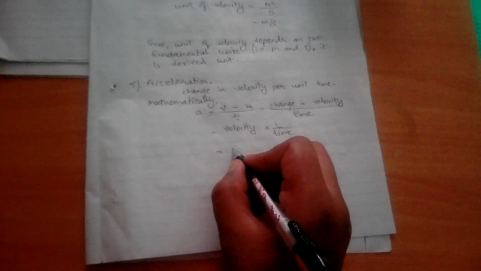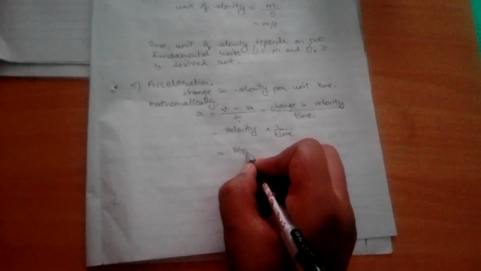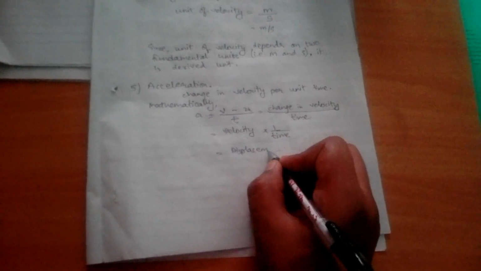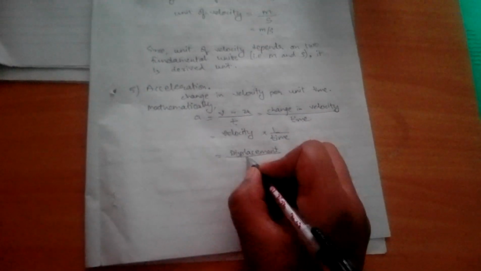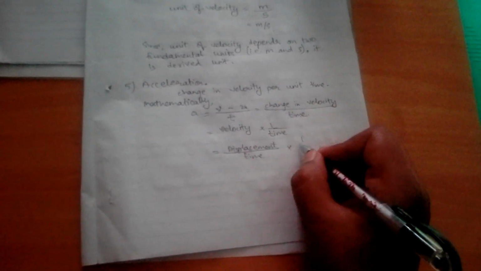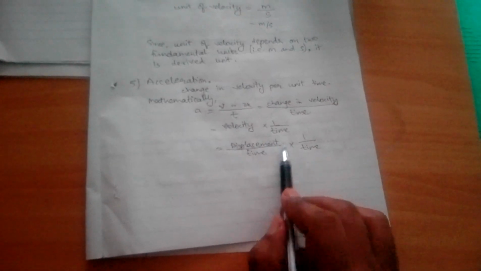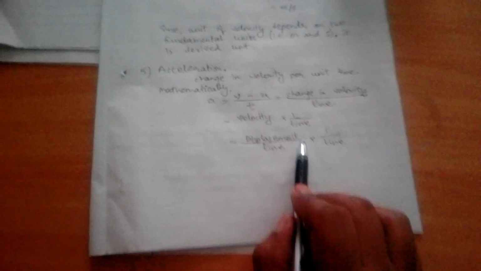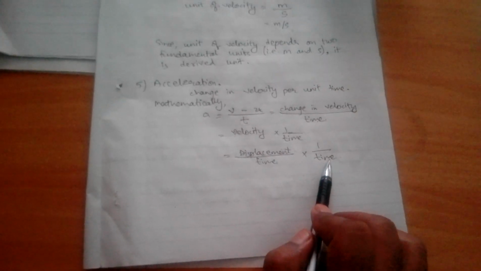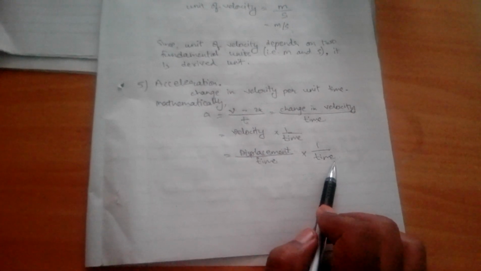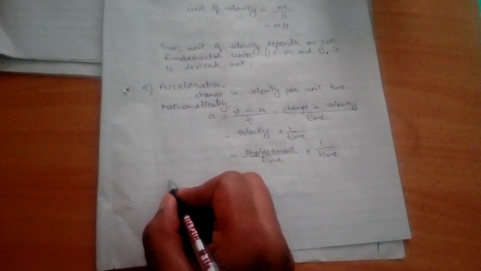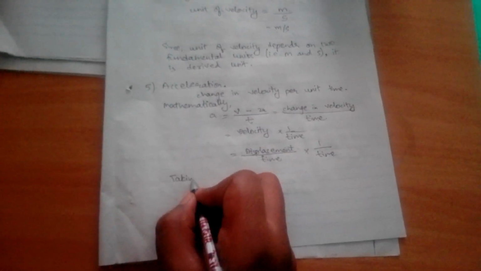Now we know that velocity is displacement made divided by time taken, displacement by time taken, and this 1 by time remains as such. Now you can see all the terms are reduced to fundamental quantities. Displacement is a fundamental quantity, time is a fundamental quantity, and here once again time is a fundamental quantity. Now at this stage we can take the unit of all terms.